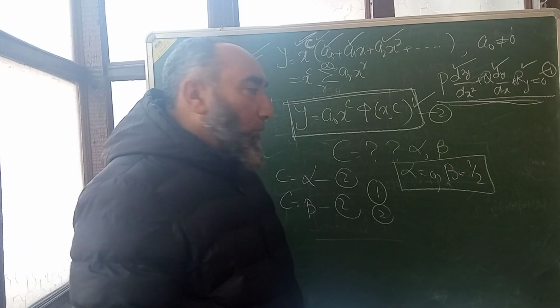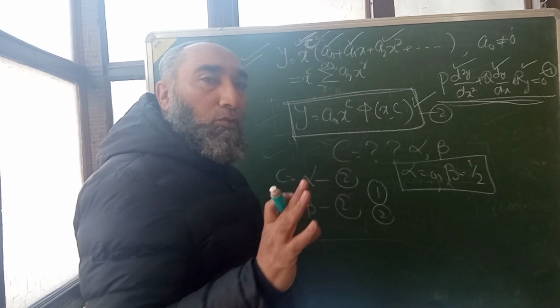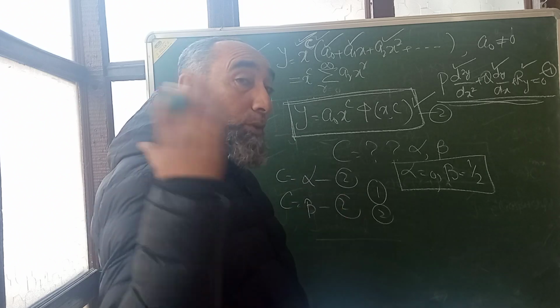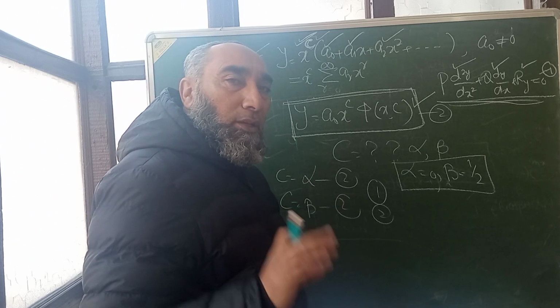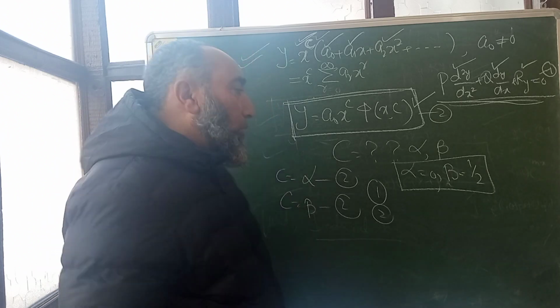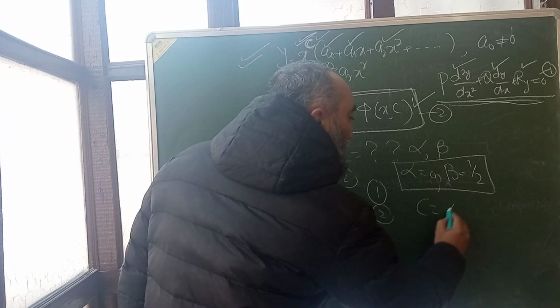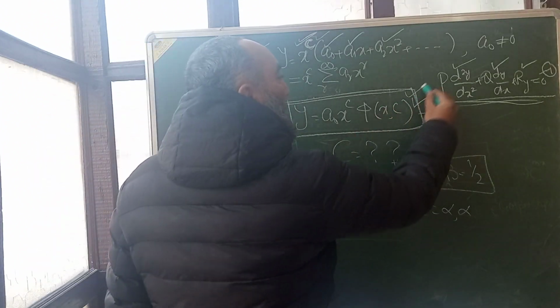Right? For two different values alpha and beta of c, we get two different solutions, and by the superposition principle again, the general solution is given by c1u plus c2v. Now, case 2 is that if you get repeated roots, say c equal to alpha and alpha, then the first solution is given by this.